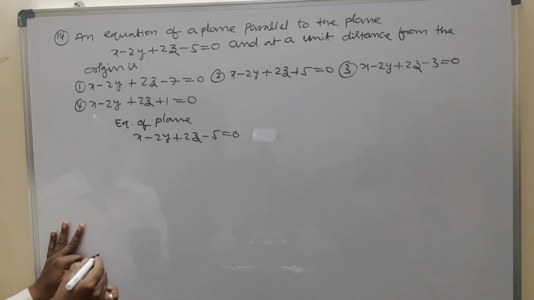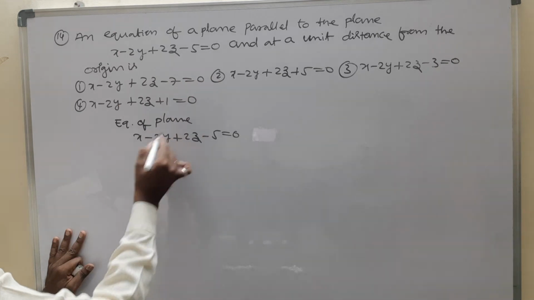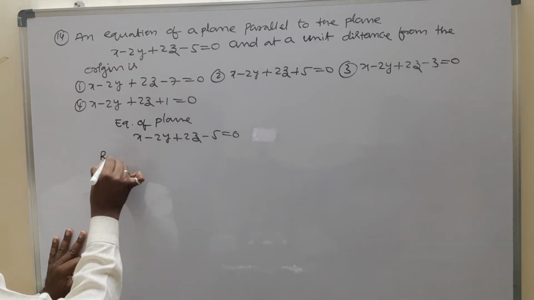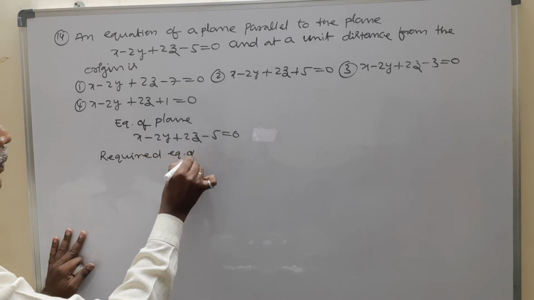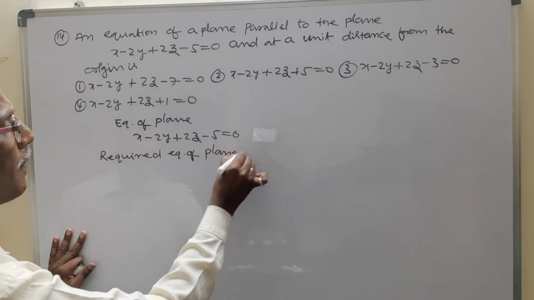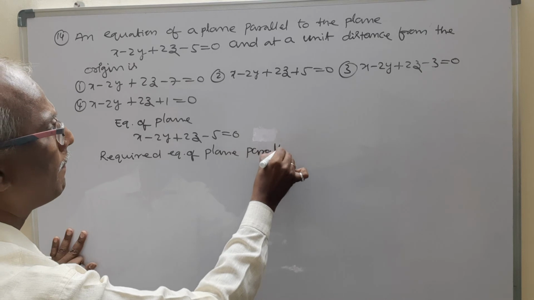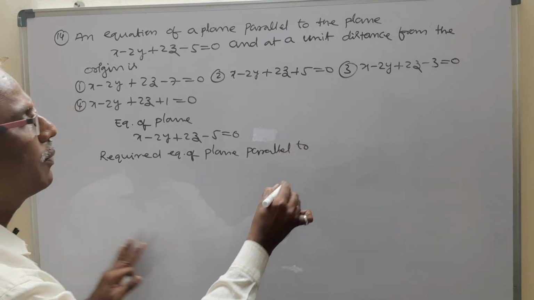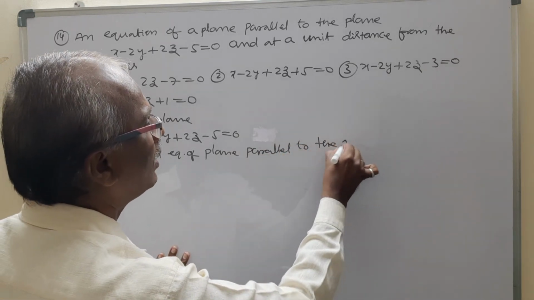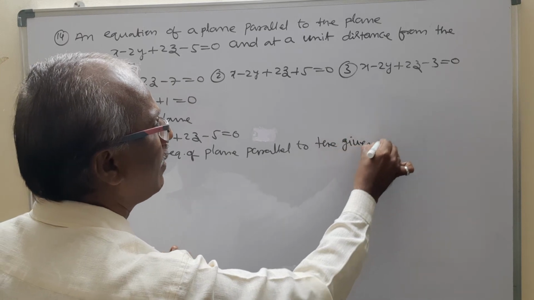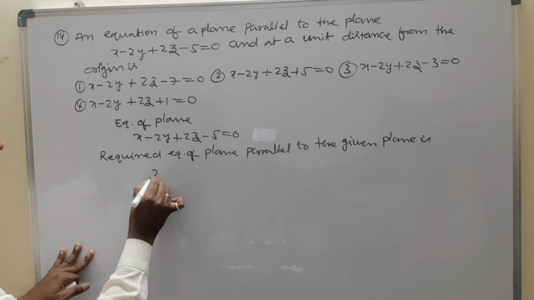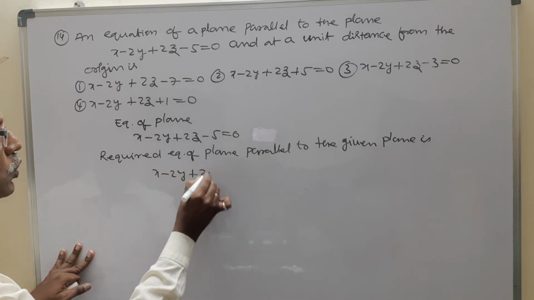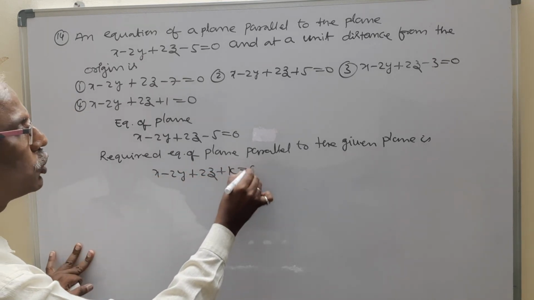To find the equation of a plane parallel to the given plane, the required equation is x - 2y + 2z + k = 0.